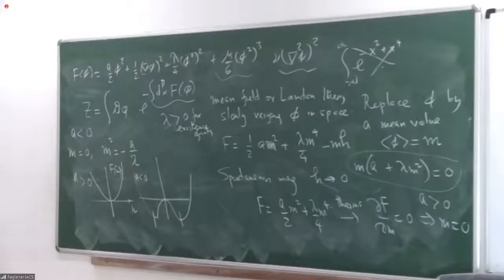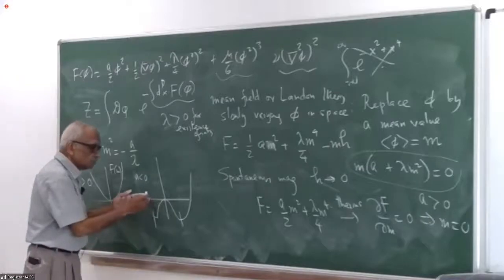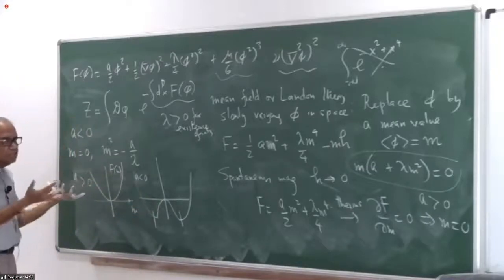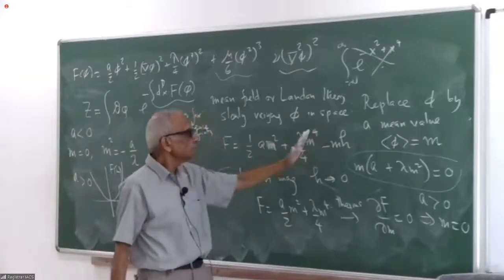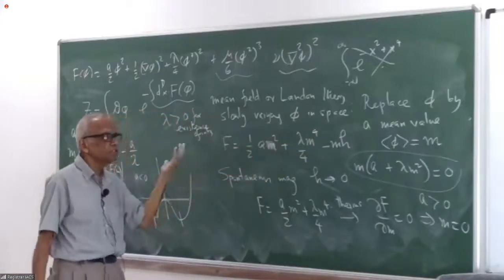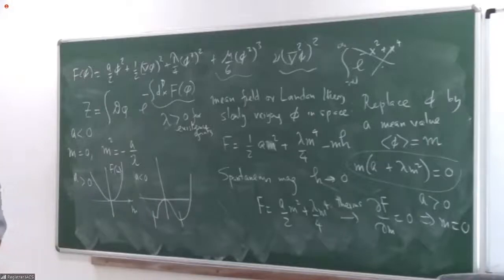So that is spontaneous symmetry breaking. In the H going to 0 limit, it is a symmetric free energy. The free energy is still invariant under the transformation M to minus M. But where is the system going to settle?